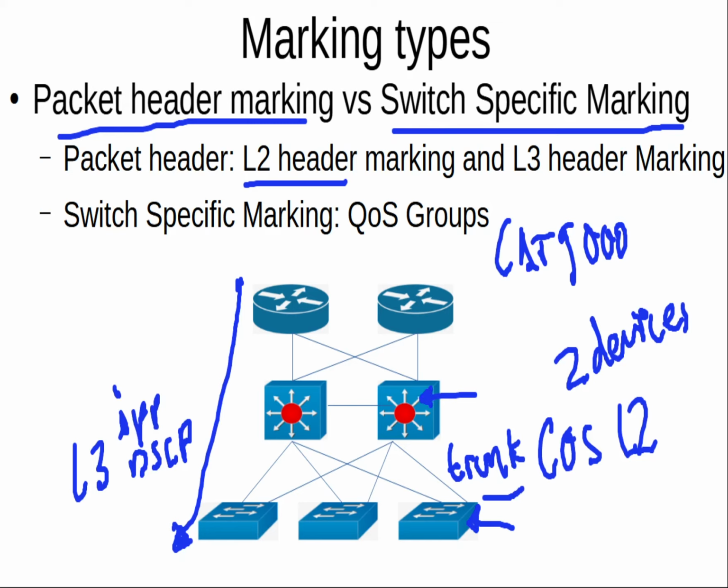However, when using switch-specific marking or quality of service groups, the marking only exists within one switch. So this marking only is significant to one single device. As traffic enters the device, you can mark it with a particular quality of service group, but that information only lives within this device. So remember, we have packet header marking and switch specific marking.